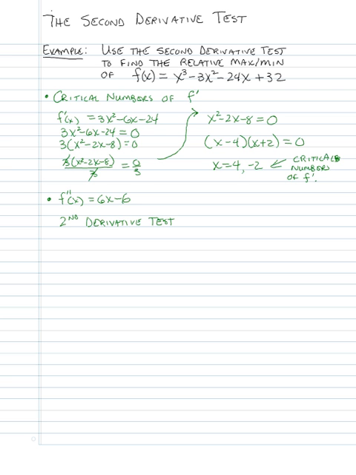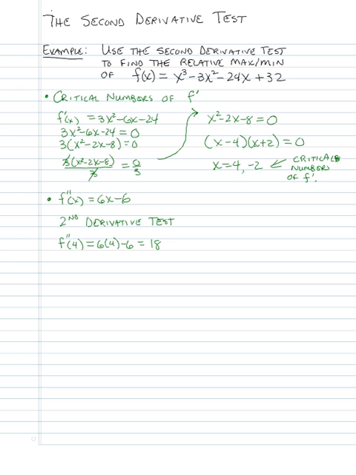So we take the critical number, let's say 4, and we put it in. Now, that's from the first derivative critical number, isn't it? But we put it into the second derivative. And we calculate. In this case, we get 24 minus 6, which of course is 18.